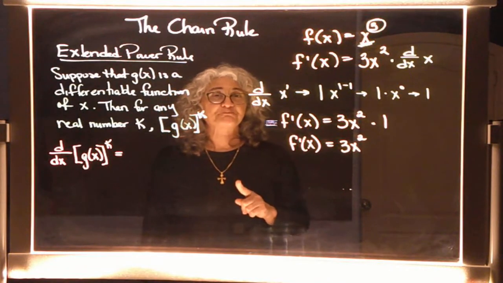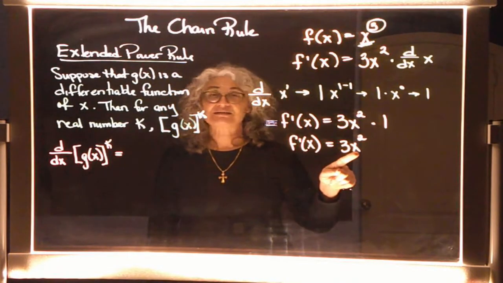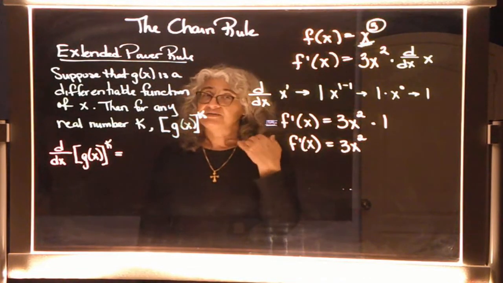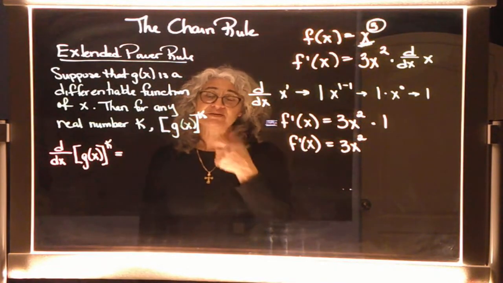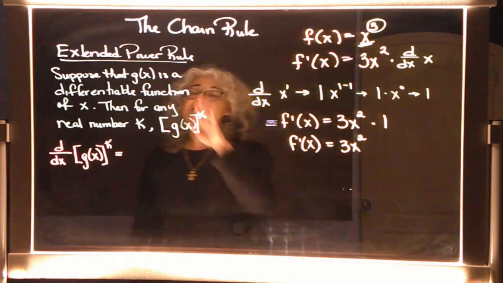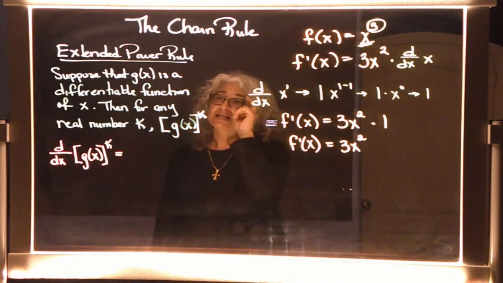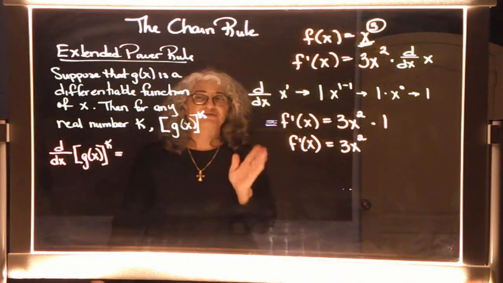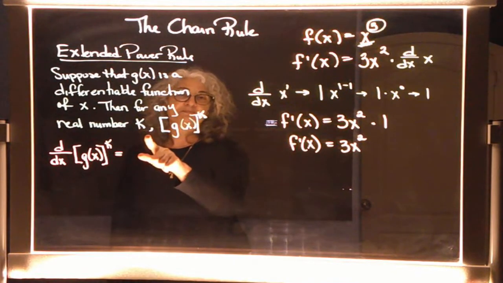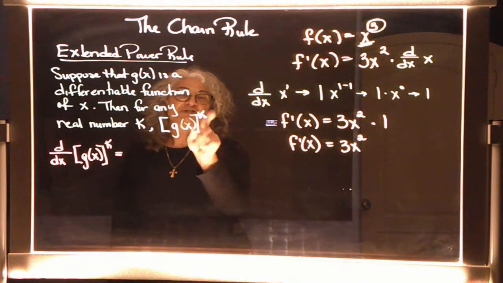You with me? If this x is something else, like in parentheses 2x plus 3, then that's going to change your answer because now I've got to look at something else. This extended power rule says that suppose that g of x is a differentiable function of x, then for any real number k, I've got the function to a power.